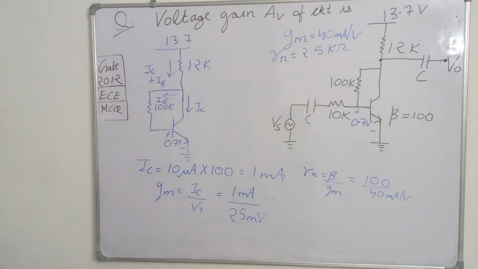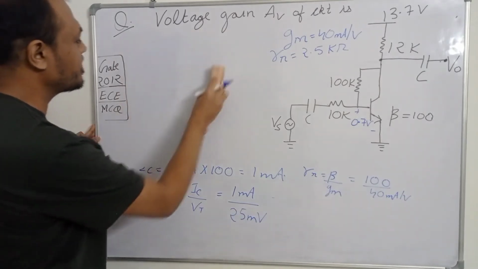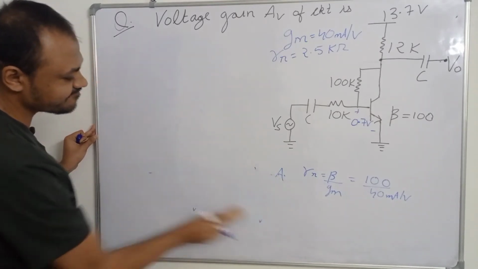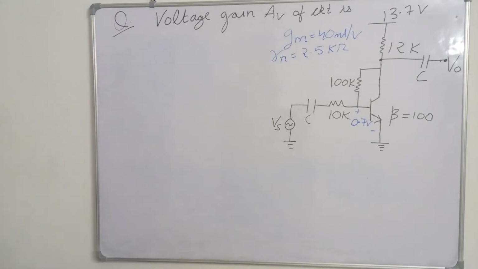So now we can draw the circuit for the AC analysis. If we draw the circuit for the AC analysis, then it will be like this.